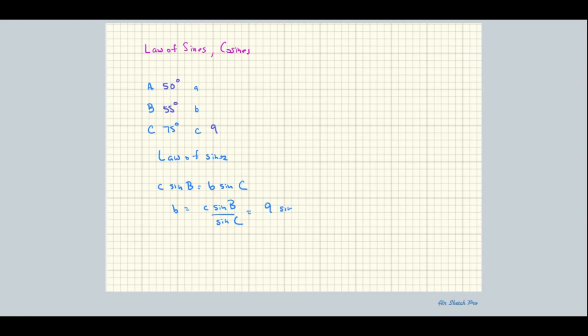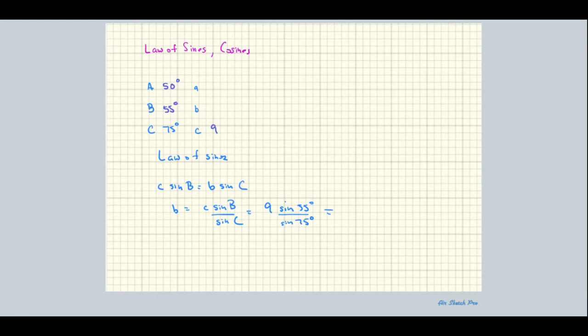9 sine 55 degrees over sine 75 degrees. Okay. Let's plug in the calculator to see what happens. Oh, I was going to ask if this was ambiguous. Did I remember to ask you guys if this is ambiguous or not?